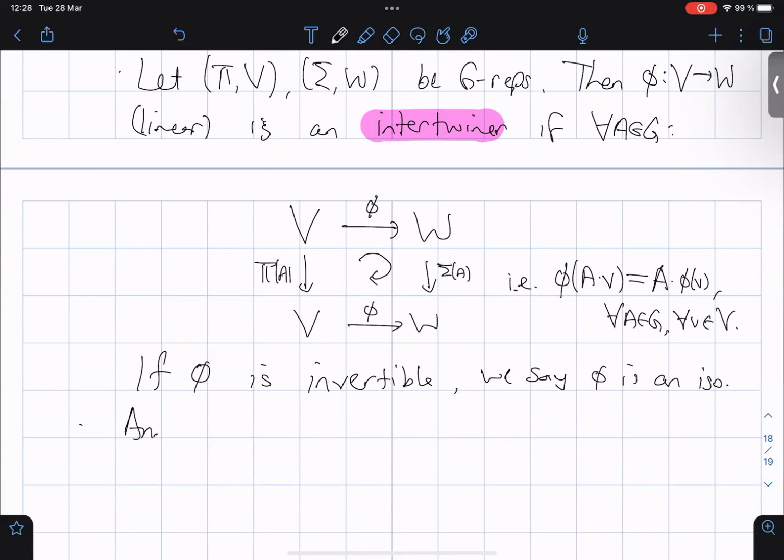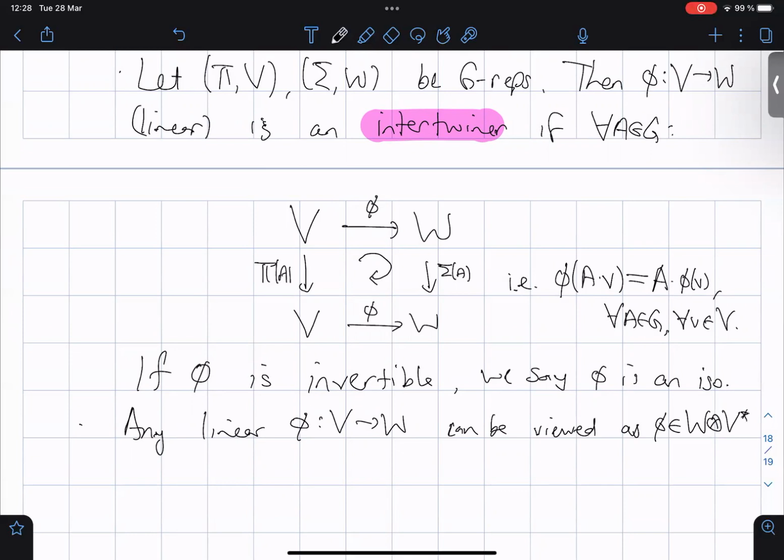Any linear map can be viewed as an element in a tensor product space.